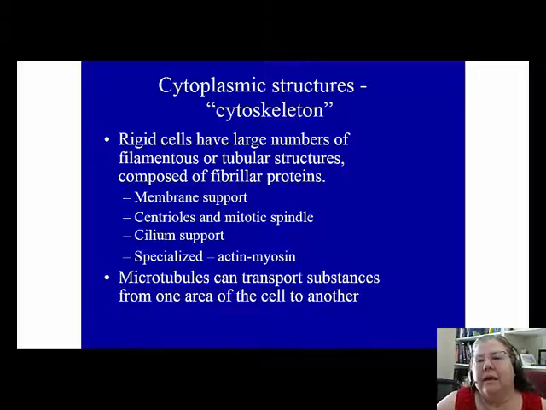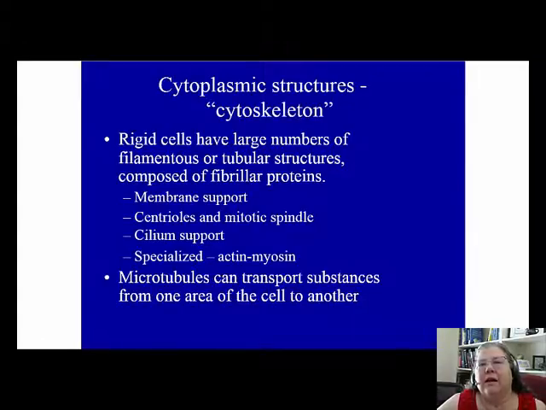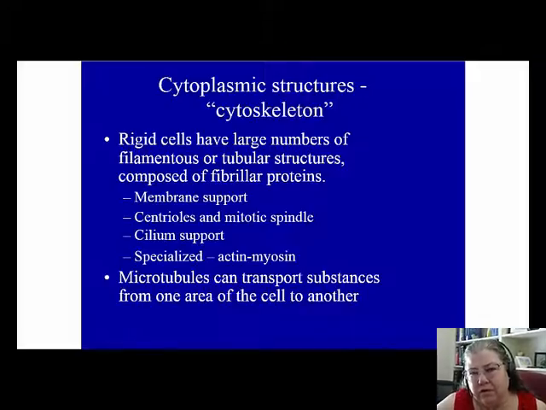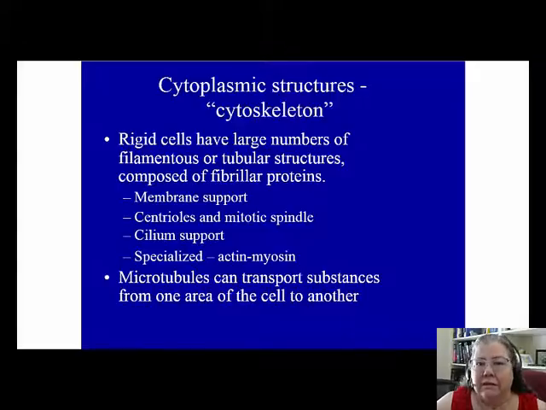Cells have a skeleton, essentially, structures that are tubules and filaments that are composed of proteins. So some of the protein synthesis within the cell goes towards structure, towards this cytoskeleton, to support the membrane, to support specific structures on specialized cells that have cilia, to produce the centrioles and mitotic spindle that are important in cellular division for cells that are going to divide and reproduce.